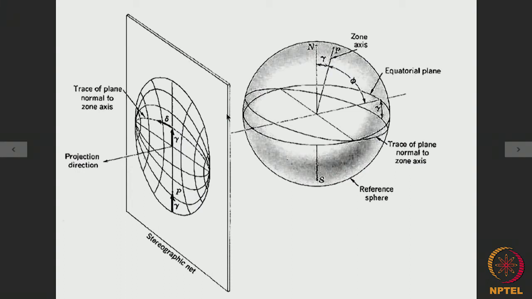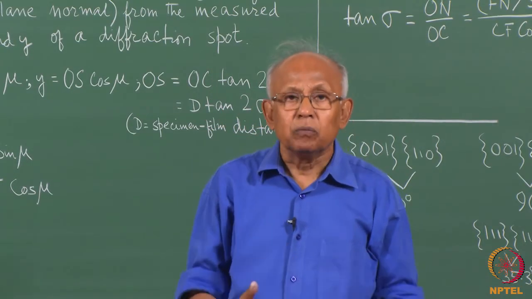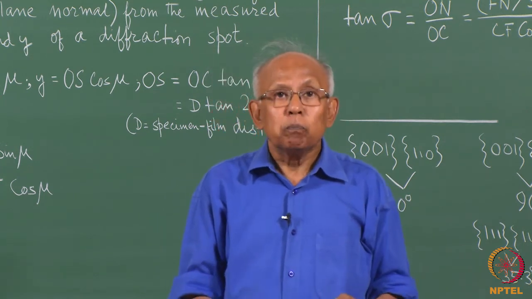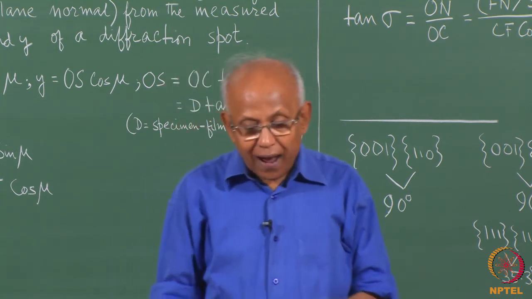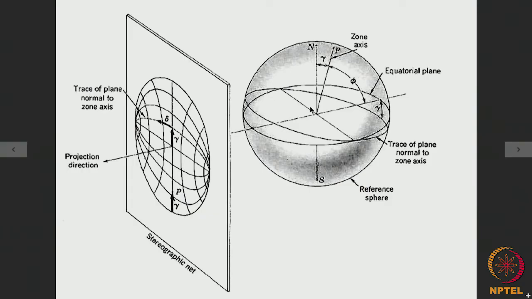Now, as I told you, once we get the gamma and delta values of the plane normals, then it is quite easy really to plot those plane normals on a stereographic projection. As you can see here, say we consider our sample, which is a single crystal, a very small, point crystal, and consider a big reference sphere with the single crystal right at the center.